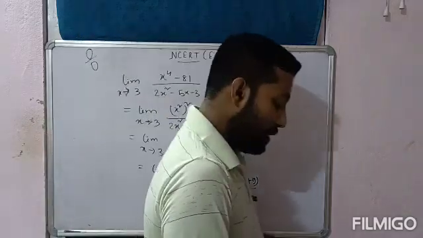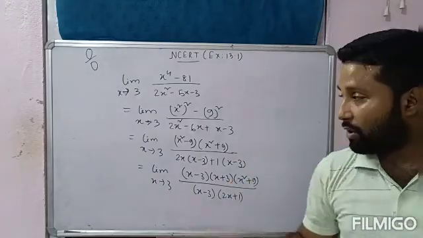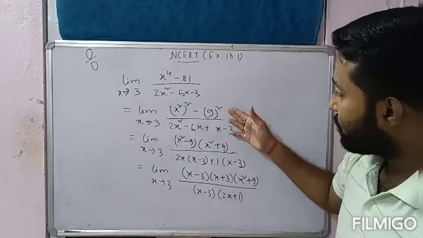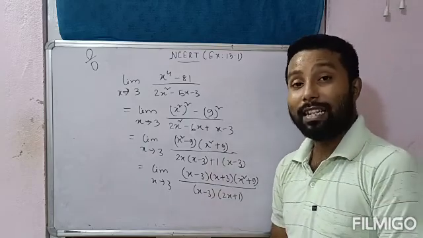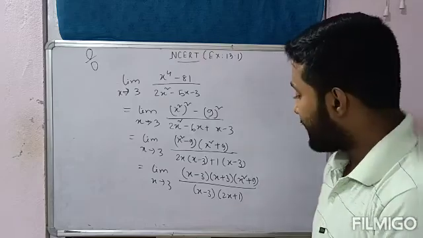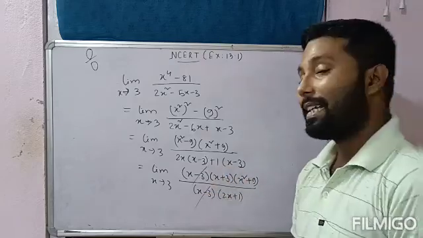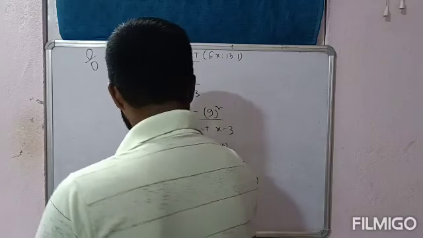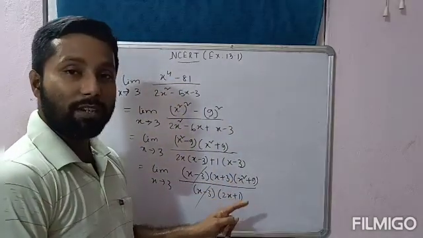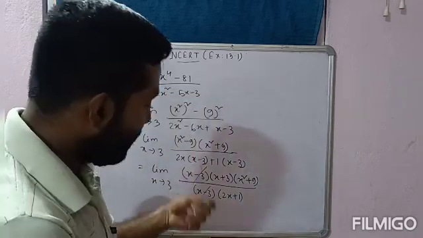So look at the simplification now. After factorization, you have to identify the term which we can eliminate. Yes, x minus 3 we can cancel, right? So after the cancellation, if you put the value of x in this function, will you get a definite or indefinite value?